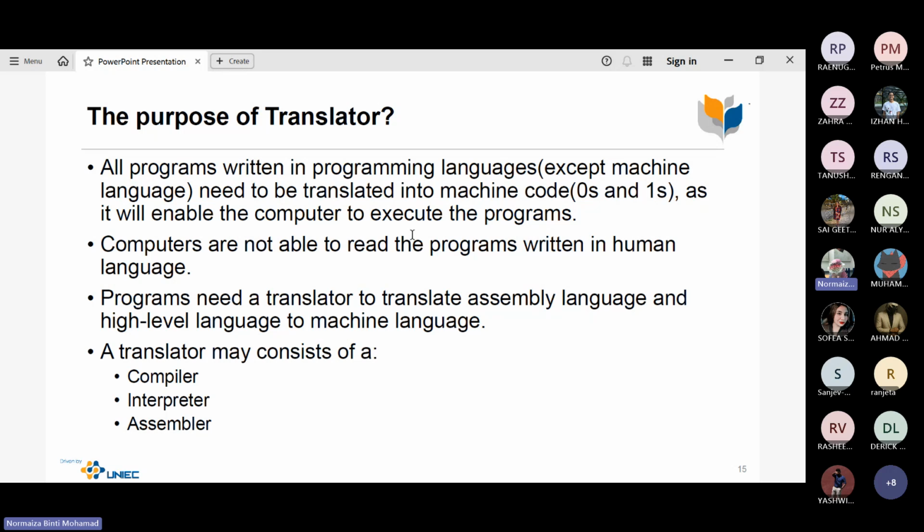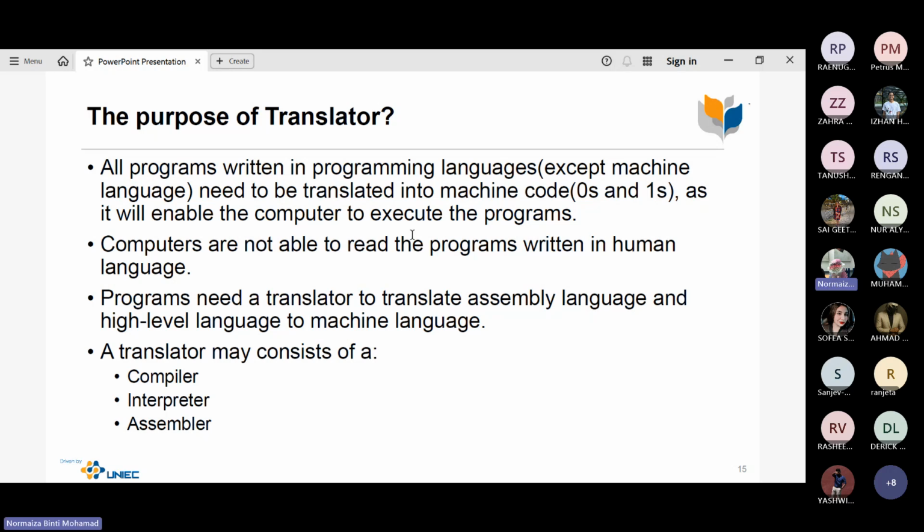Computers are not able to read programs written in high level language because the easier the programming language, the more similar it is to human language. And the more similar it is to human language, the harder it is for the computer to understand.